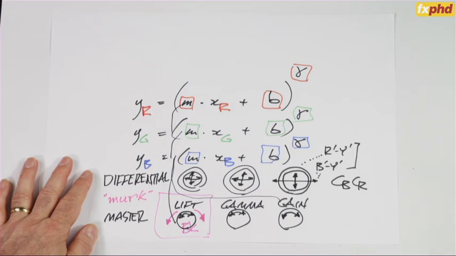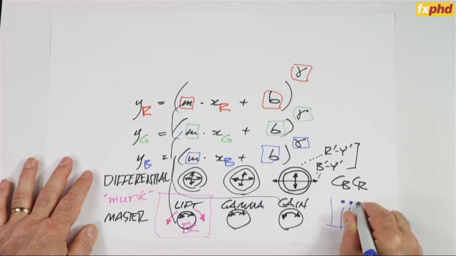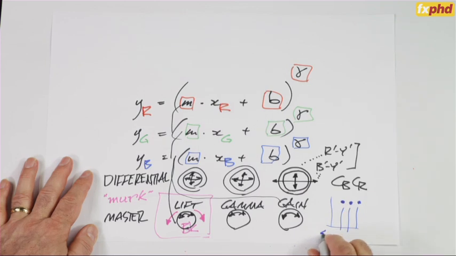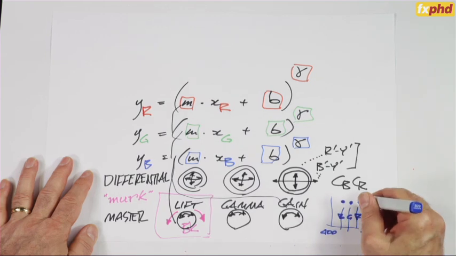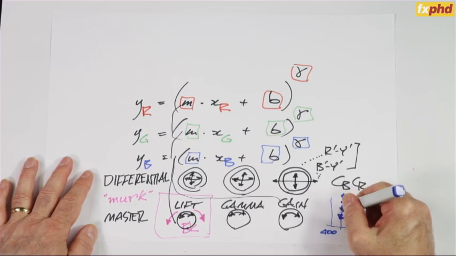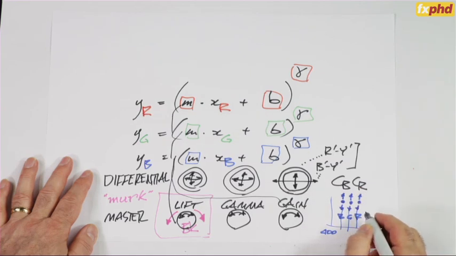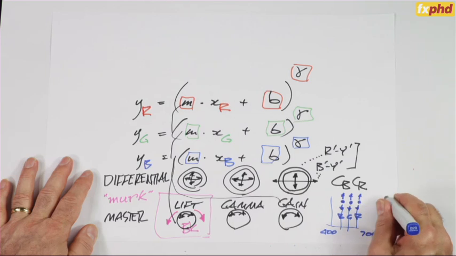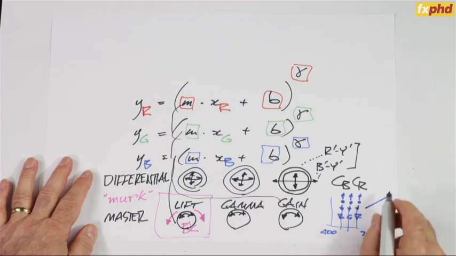Now, gain is controlling the peak value of red, green, and blue. So if I kind of go back to a spectral diagram, 400 to 700 nanometers, you've got red, green, and blue. The gain control is really affecting how much optical energy is delivered in each of those bands. And so I can deliver more red and less blue.